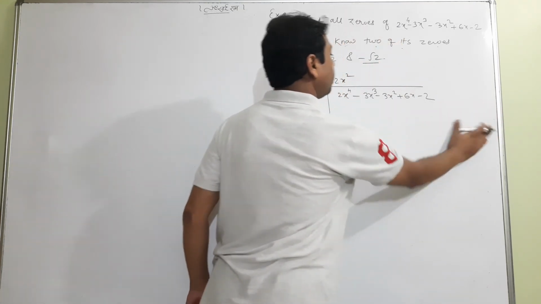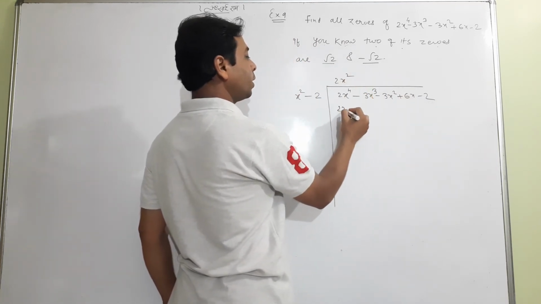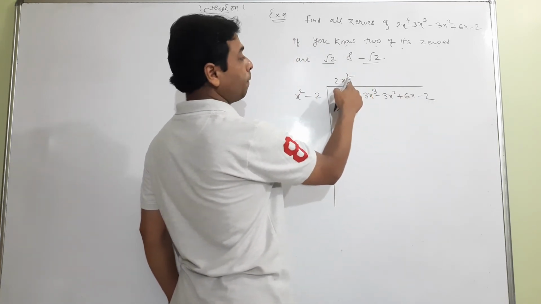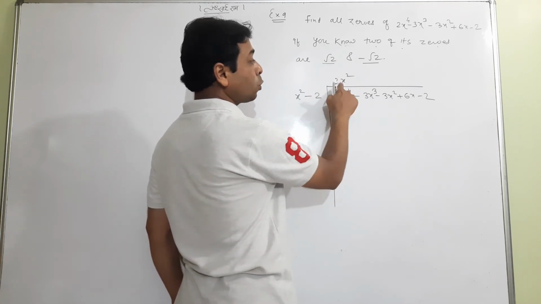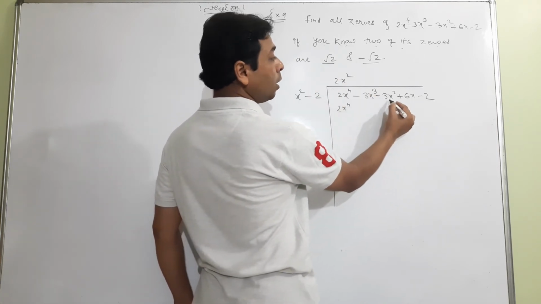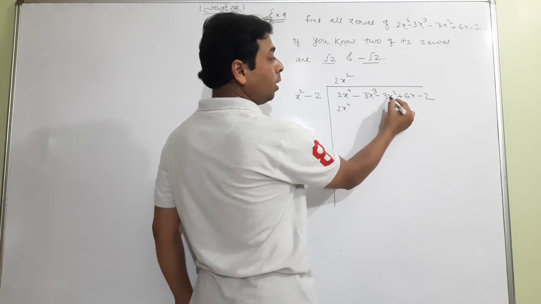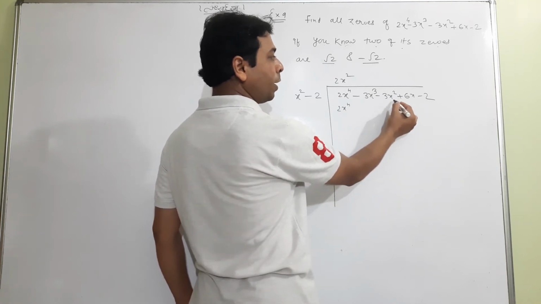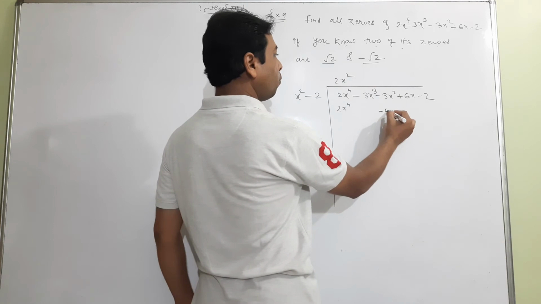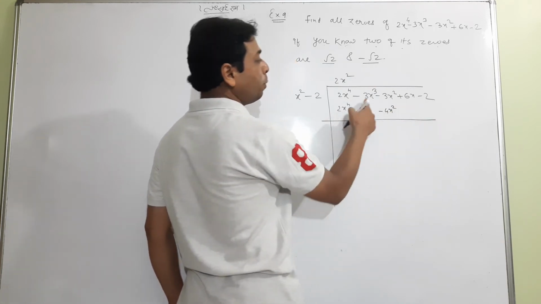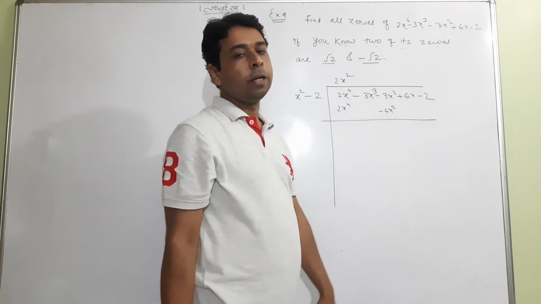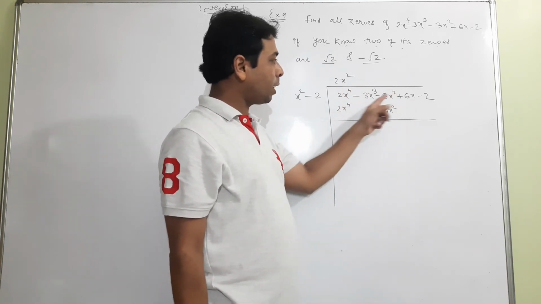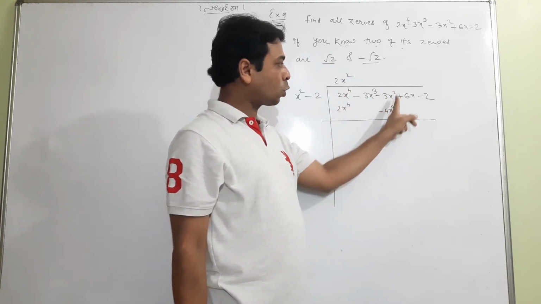Now 2x square will multiply in both: 2x^4. Look at properly. 2 twos are 4x square. Minus 4x square will be written under the like term section, 3x square. It will not be written under the 3x cube. At that time these terms will be unlike. So that I'll choose a like term. That's why I have written under 3x square.